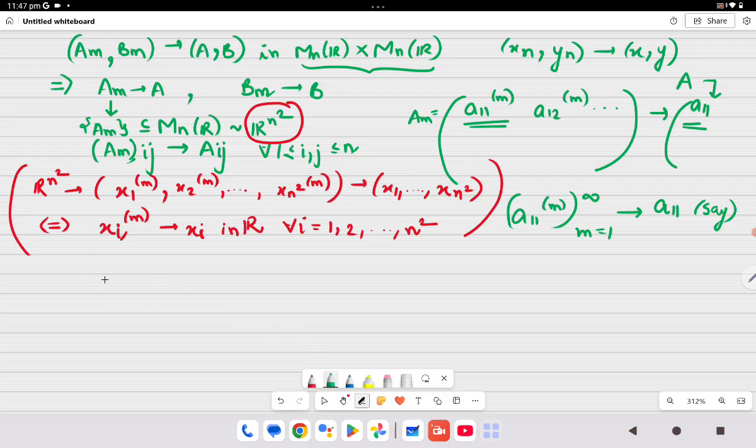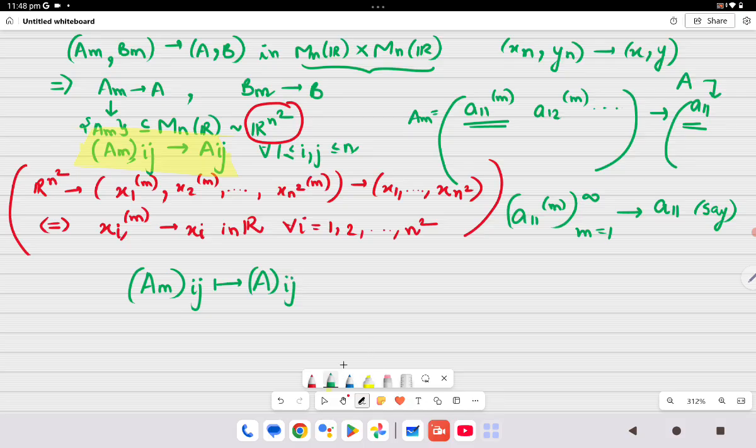From this result I get this part, that AMIJ, so that means basically if I consider any ijth coordinate, so that will be convergent to A matrix का ijth coordinate.